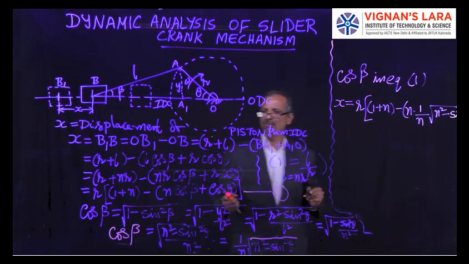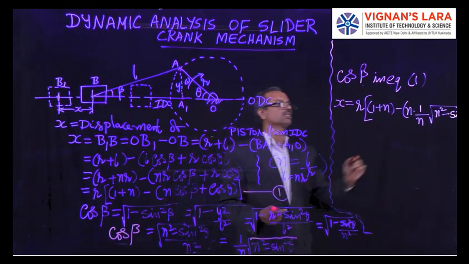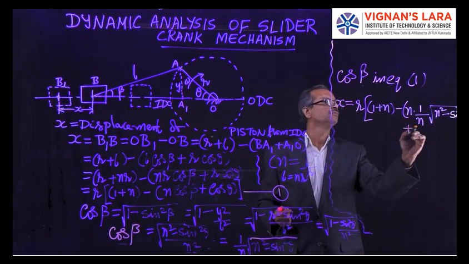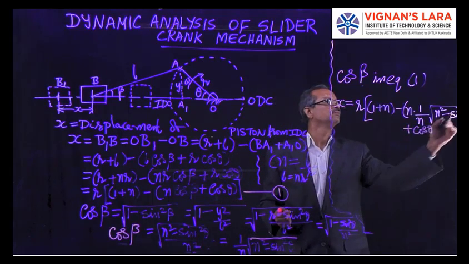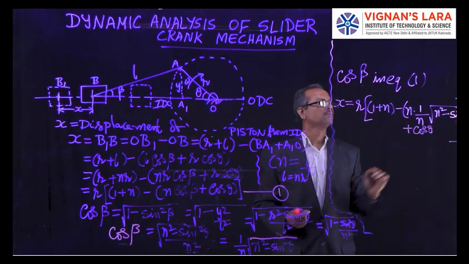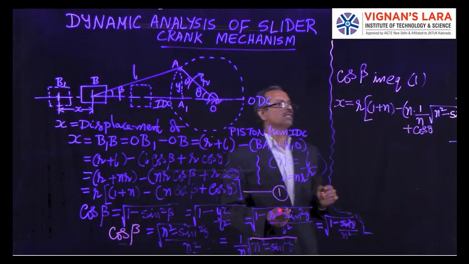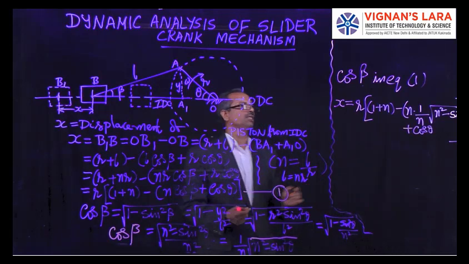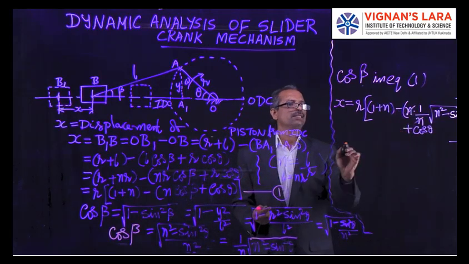Okay, then what is left? Plus cos theta. So n square minus sine square theta plus cos theta. So n gets cancelled.